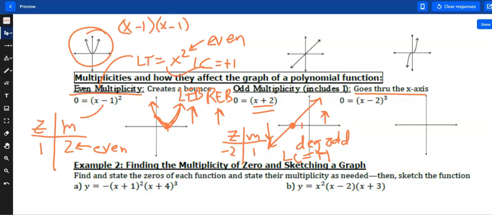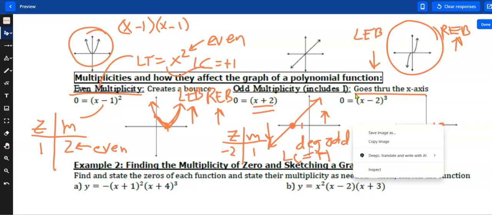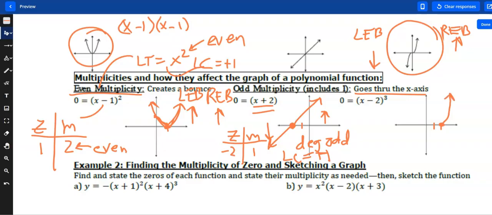And so the last example they give me is based on the cubic function. You can see the right-hand behavior is up, and the left-hand behavior is down. So the zero is at 2. Right-hand behavior is up. Left-hand behavior is down. It cuts through the axis.